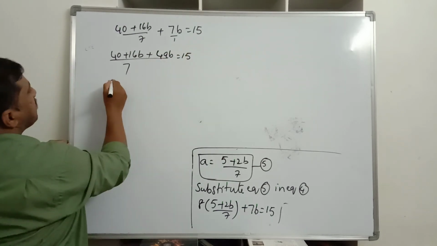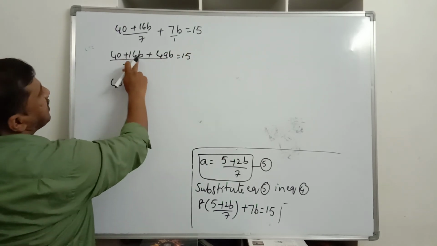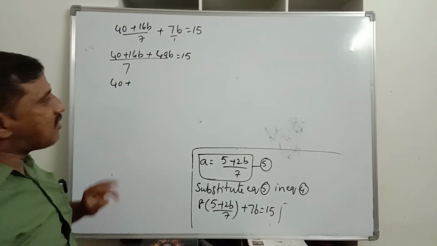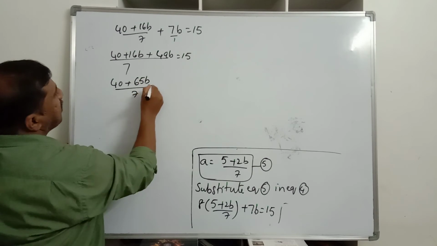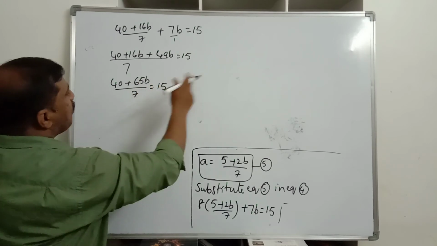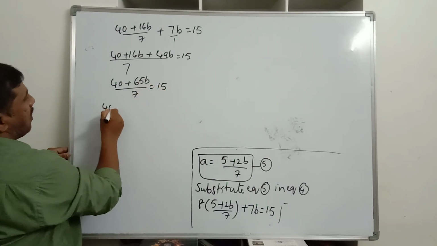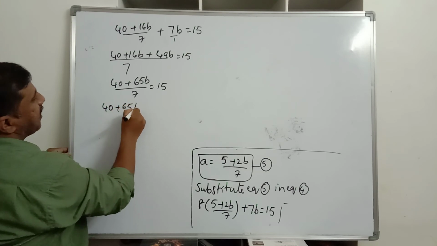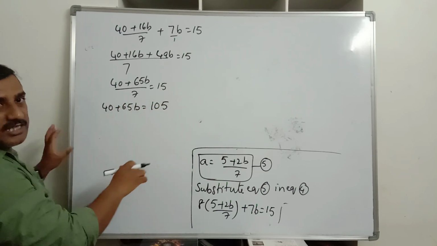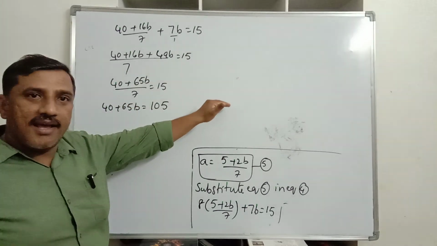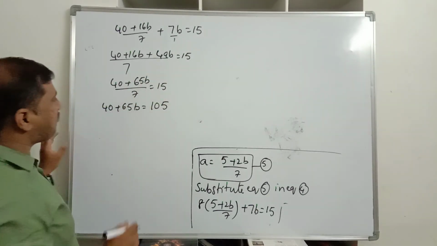Now what we get is 40 plus 16b plus 49b is equal to 65b by 7, that is equal to 15. Now by cross multiplication we get 40 plus 65b is equal to 15 sevens are 105. Transpose 40 to the RHS, it becomes minus 40.